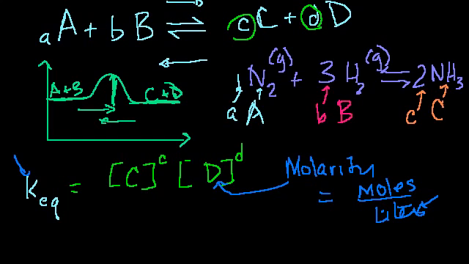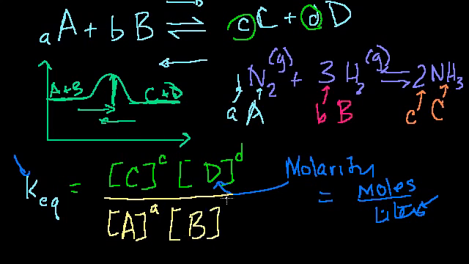It's defined as the concentrations of the products to the powers, and if I have time, maybe I'll do the intuition for why you're raising it to the power in the next video, divided by the concentrations of the reactants, or the things on the left-hand side of the equilibrium reaction. So capital A to the lowercase a divided by capital B to the lowercase b.